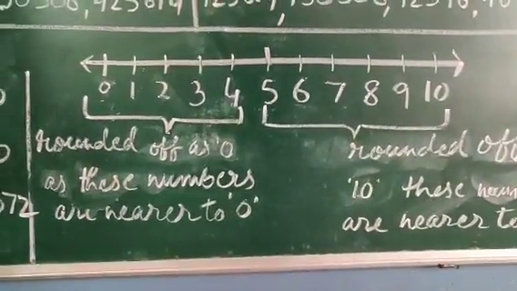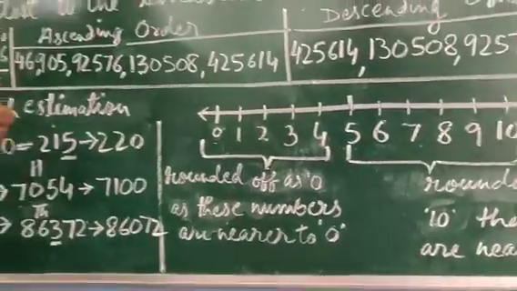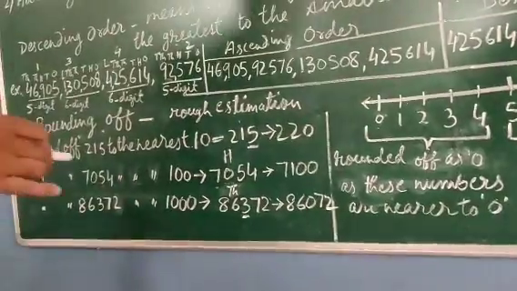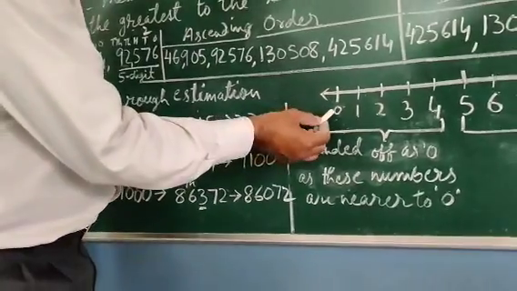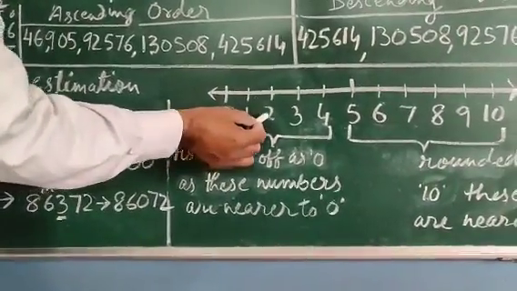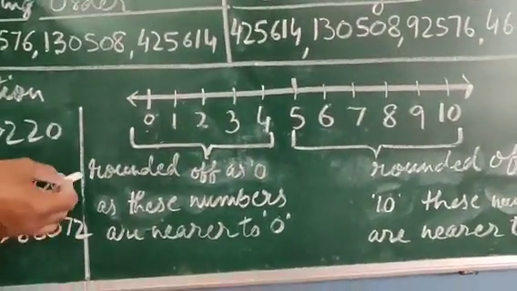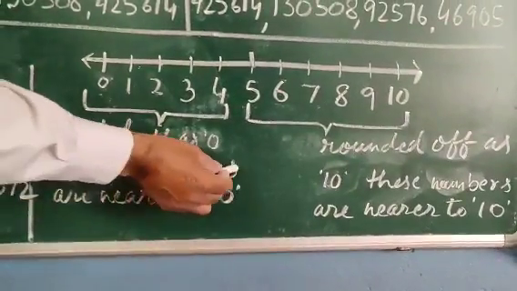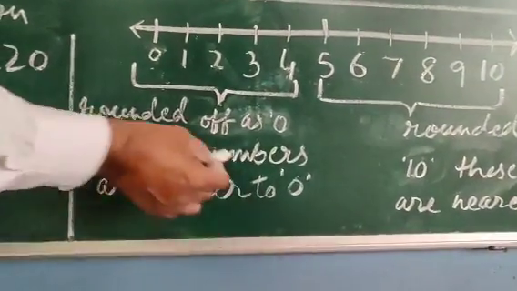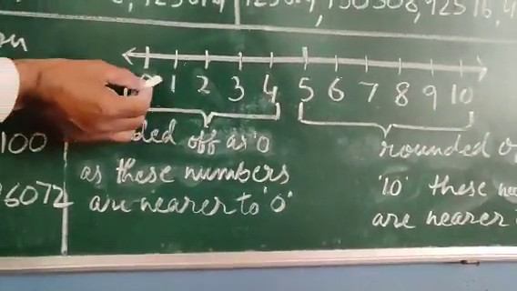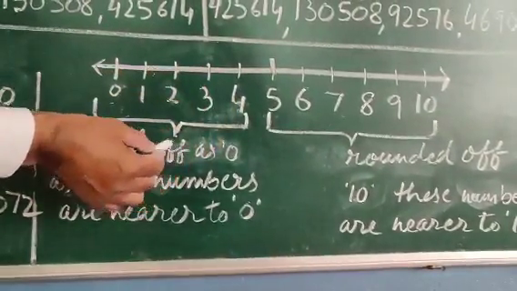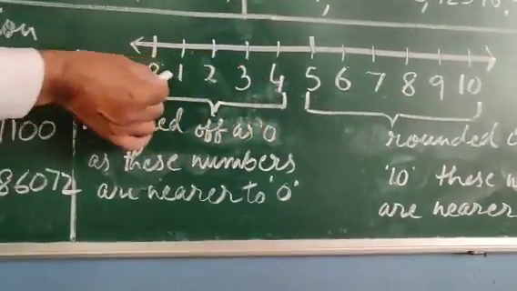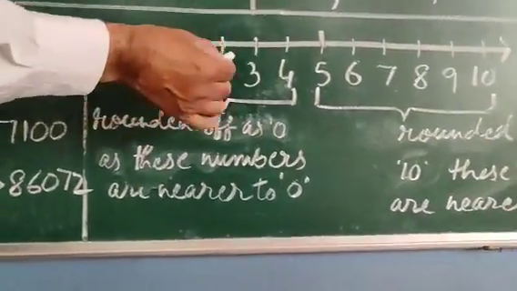Children, when a number is rounded off to the nearest value, the numbers 0, 1, 2, 3, 4 will be rounded off as 0, as these numbers are nearer to 0.